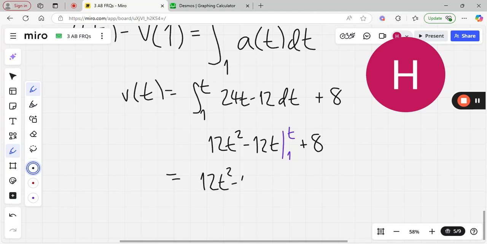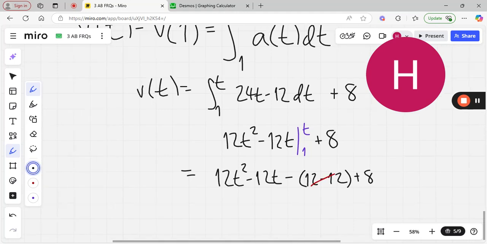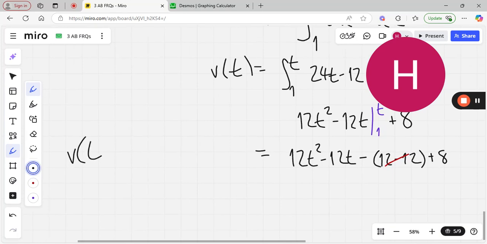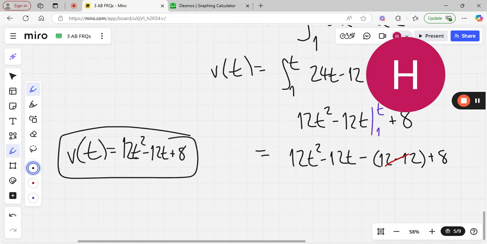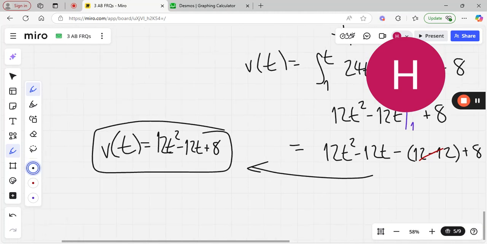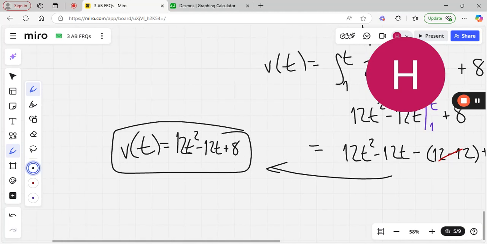Of course, the t just keeps those things plugged in. And then we're going to subtract. If you plug in a 1, you just get 12 times 1 squared. That's 12. Minus 12 times 1, still 12. And then we're adding 8. So the velocity equation is given by this quadratic: 12t squared minus 12t plus 8. I know I did a weird kind of right to left thing. Easy peasy. Super easy.